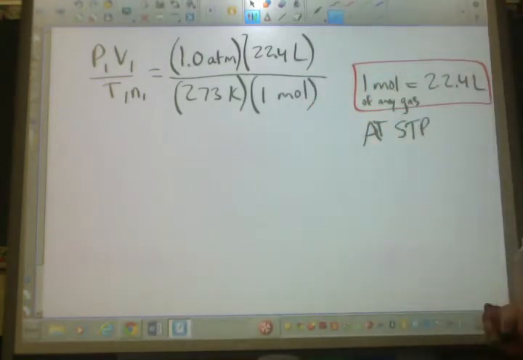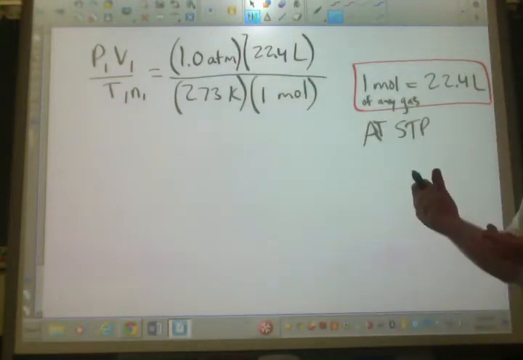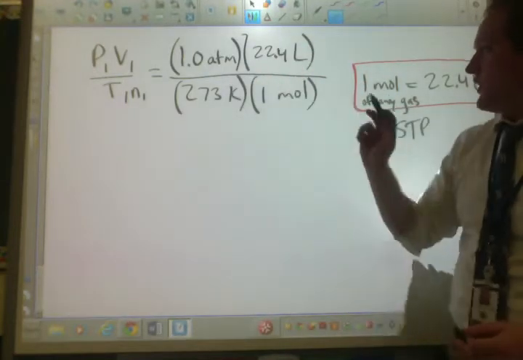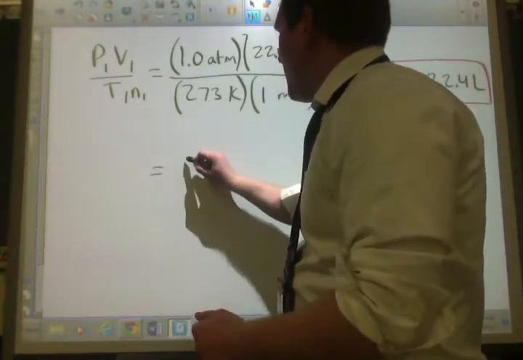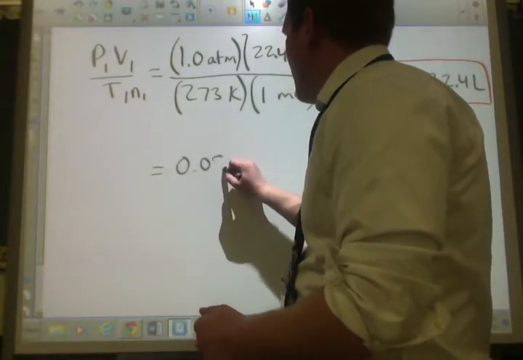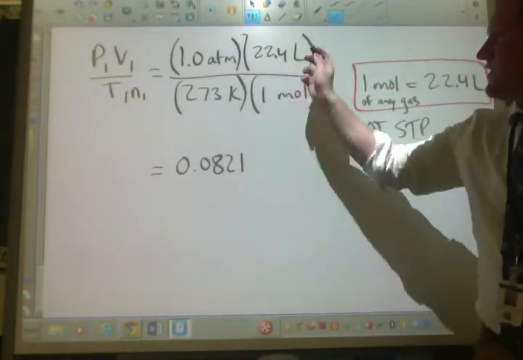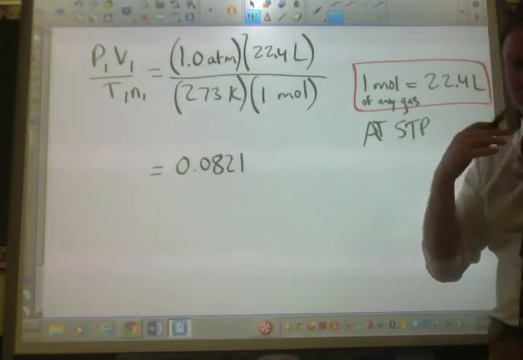Okay? And what we do is we're going to basically turn all of this into one constant, which we call R. The letter R in chemistry just means constant, and that's going to be a term in our ideal gas law. So if you do the math here, 1 times 22.4 divided by 273 divided by 1, you're going to get 0.0821 as our number. And the unit, since nothing cancels out, is a really awkward unit, but you're just going to have to memorize it.